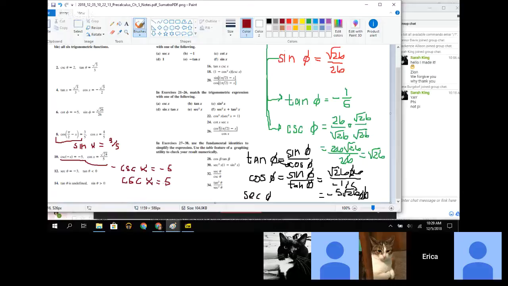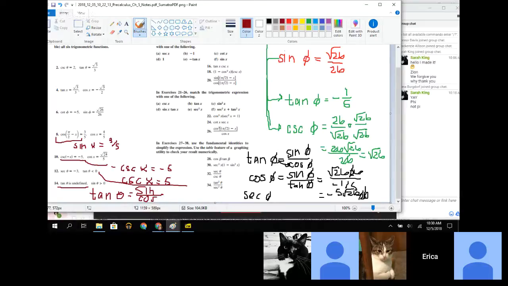And then the last one I want to point out here is number 14. It says the tangent of theta is undefined. What does it mean when the tangent is undefined? Well, the tangent, remember, is the sine over the cosine.